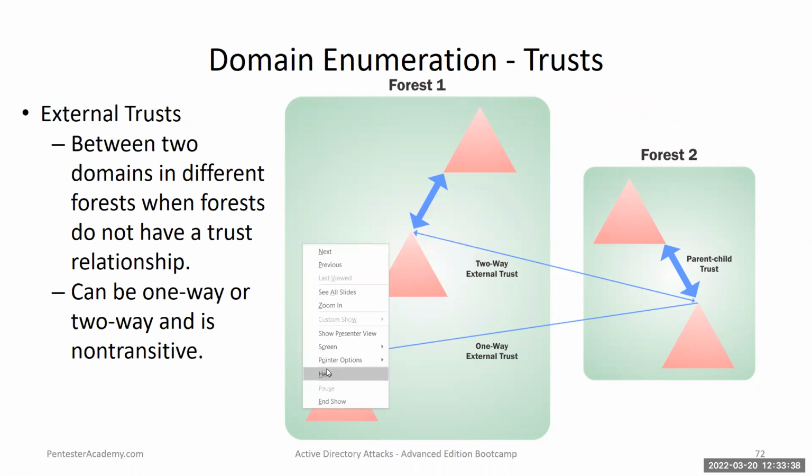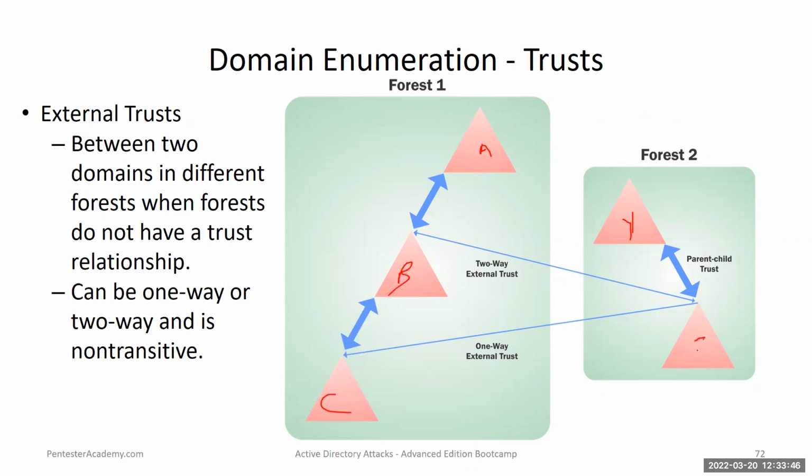What does the non-transitivity mean in this case? Let's say there is a trust relationship between B and Z here, and let's say it is bidirectional. By non-transitivity, it means that the trust relationship between B and Y is not extended to Z. That is what non-transitivity means.